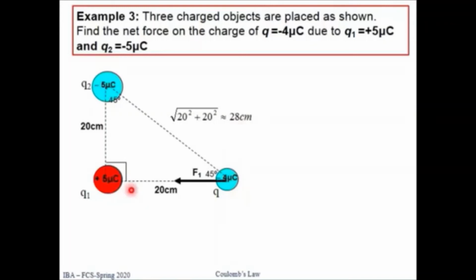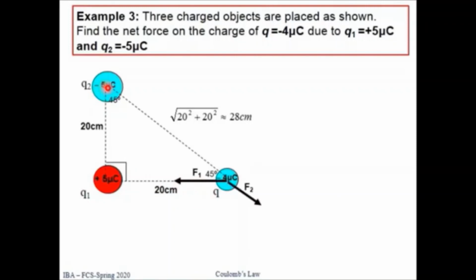If you need to find the force as well as the direction in all cases, let me draw the direction of the force between these 2 charges. As you know before, if you have 2 opposite charges, then there must be an attractive force. Therefore, the direction of force on this Q because of this Q1 is in this direction.